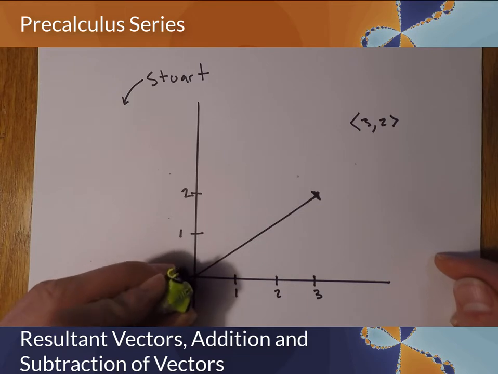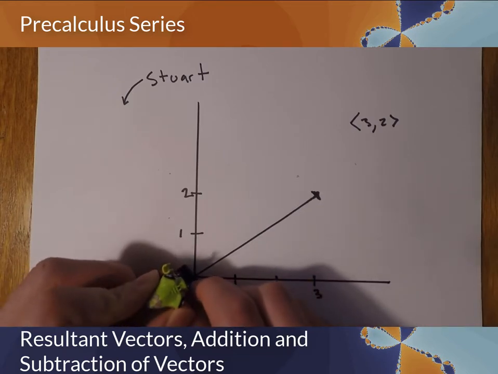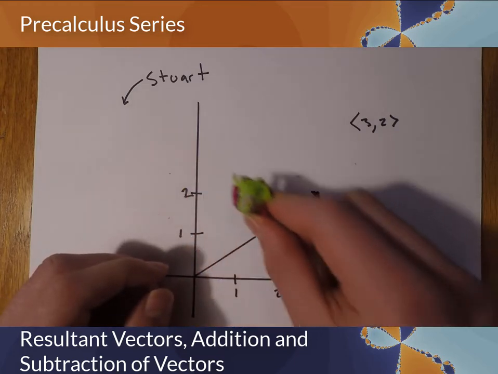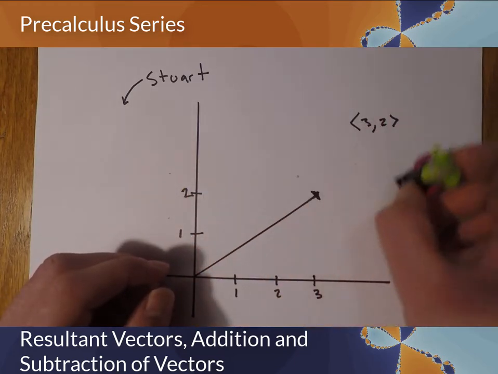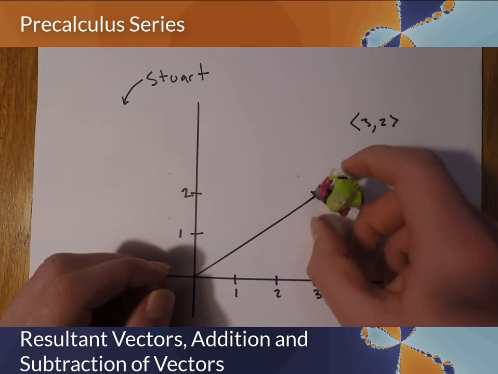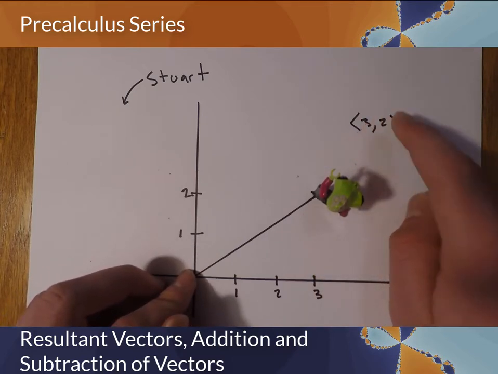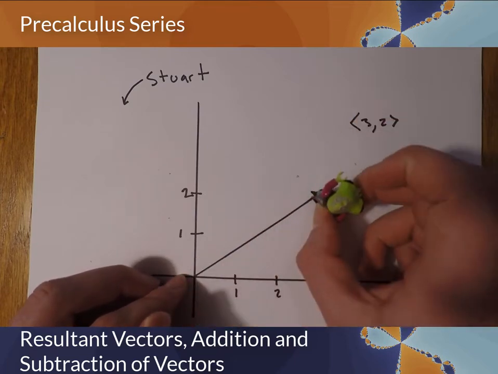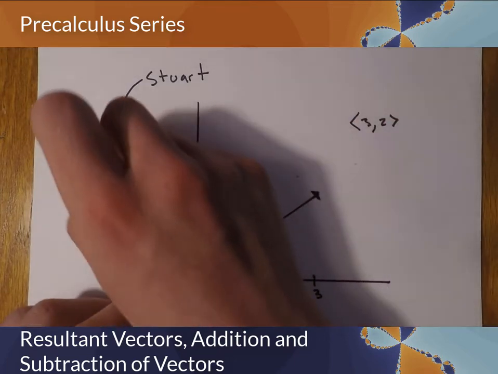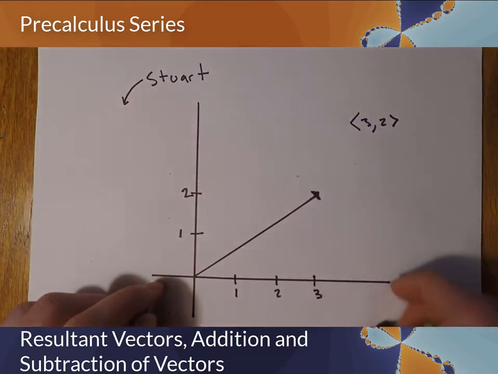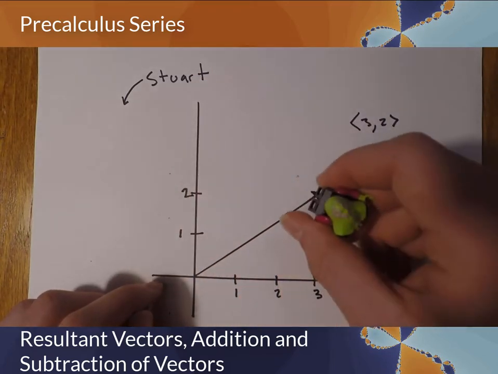So if Stuart starts at the beginning of the vector, he travels in here in all these weird ways. Regardless of where he travels, as long as he ends here, the vector describing his motion is 3, 2. If he went straight, it would be 3, 2. If he went up all the way over here, and then down over here, then around over here, it still would be 3, 2.